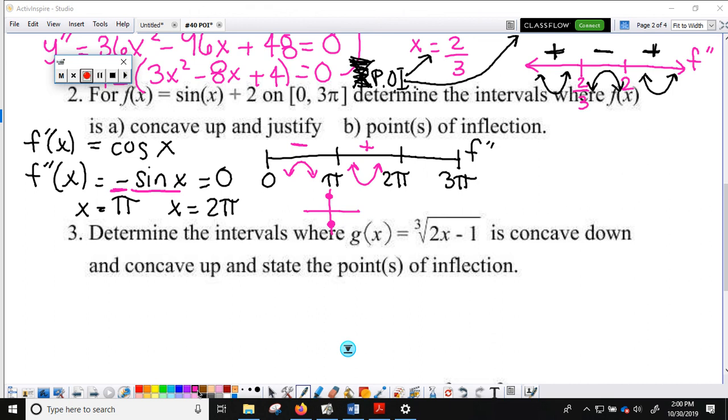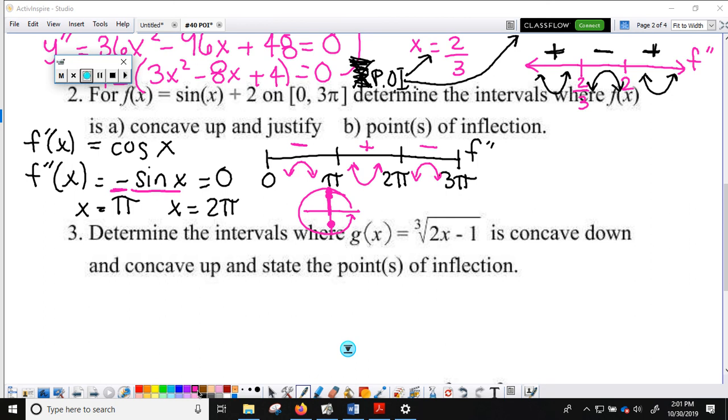And then lastly, picking a point between 2 pi and 3 pi, that takes us all the way around the unit circle, back to an angle that is equivalent to pi over 2. So pi over 2 has a positive value for sine, but again, because of the negative in front, our second derivative is negative, so our graph is concave down.